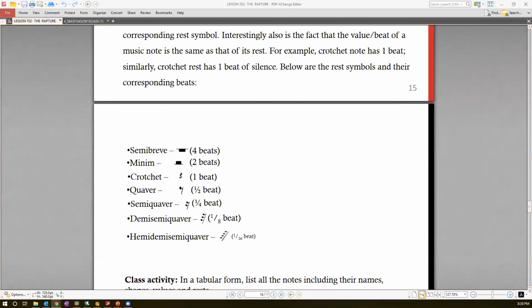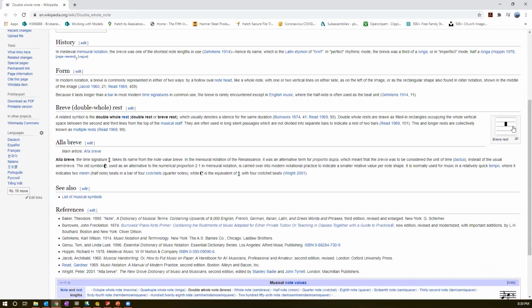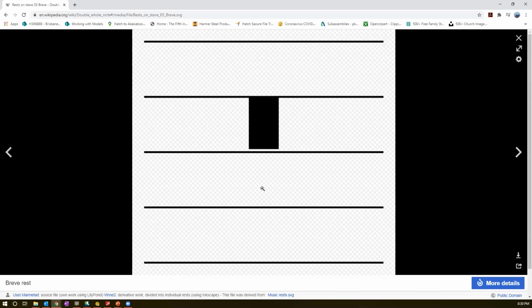So this is the symbol for a breve rest, that right there. And that's its position on the staff.